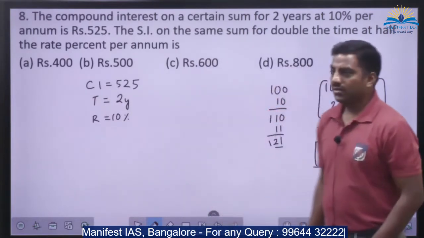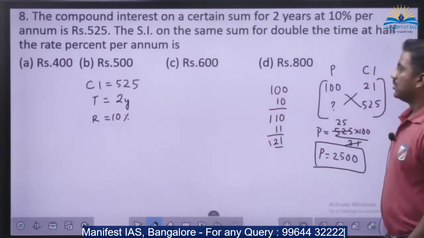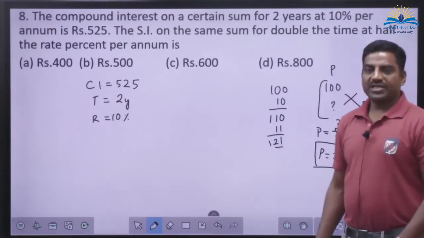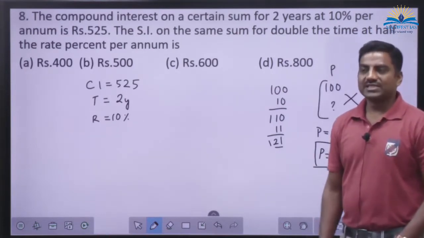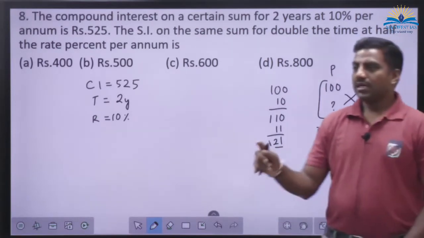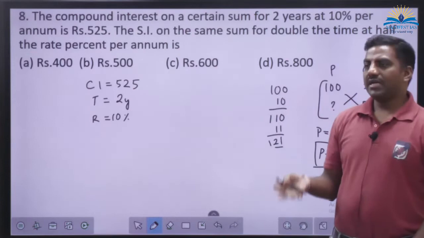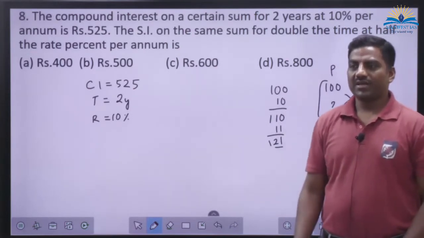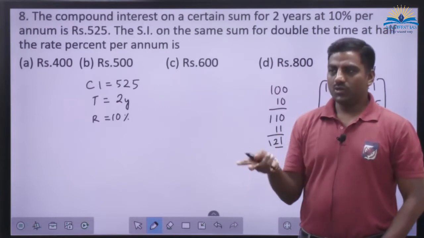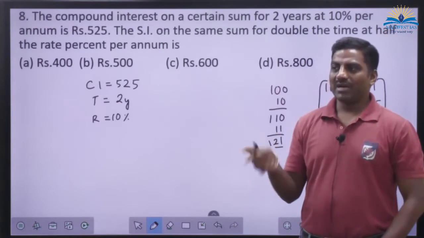Now what have they given? Double the time, half the rate. What will be the effect? If both the cases were simple interest, not compound interest, time is double and the rate is half, what would have been the effect? T is becoming 2T, R is becoming R by 2.